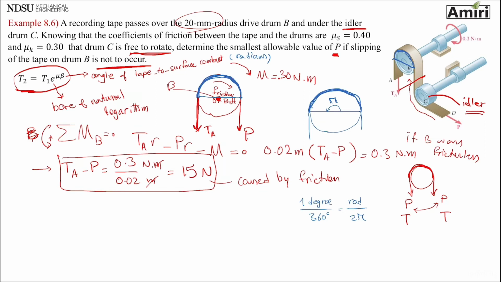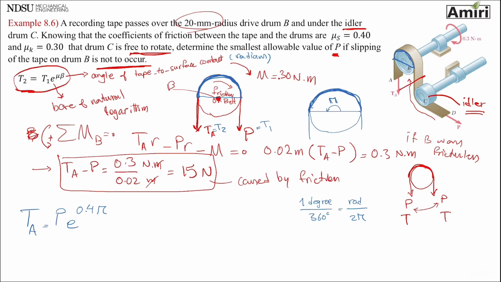Now let's insert it into that equation. In this case, T2 is the one that is resisting friction, and P is just like T1. So T2, which is TA, equals T1, which in this case is P, times e to the mu, which we have as 0.4, times beta, which is pi.